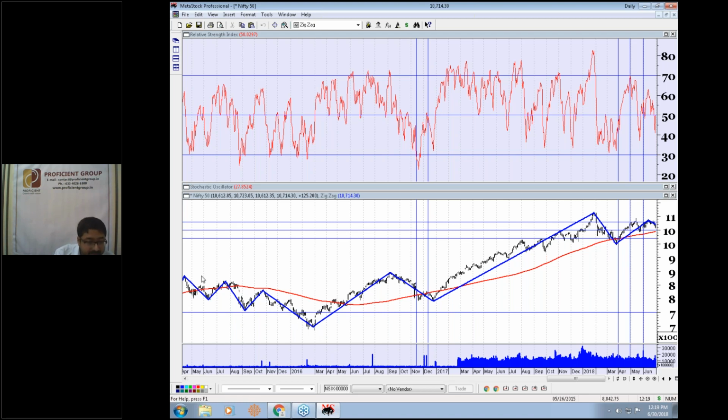Prior to that, in 2015 and the first part of 2016, prices were making a series of lower tops and lower bottoms, which is a classical characteristic of a primary downtrend. So only after January or early February 2016, prices did two important things.